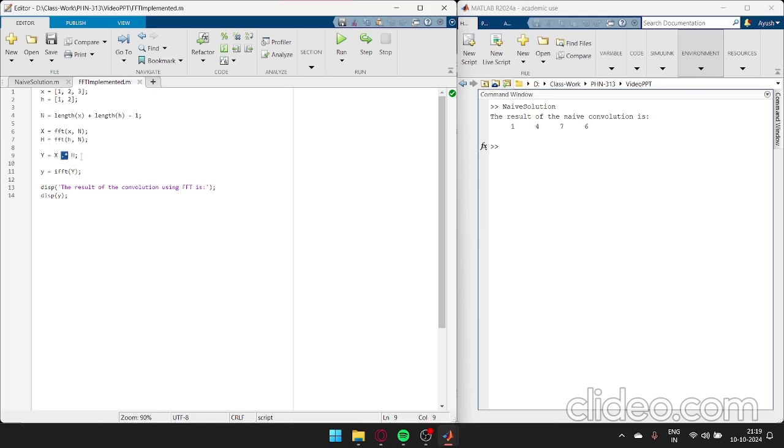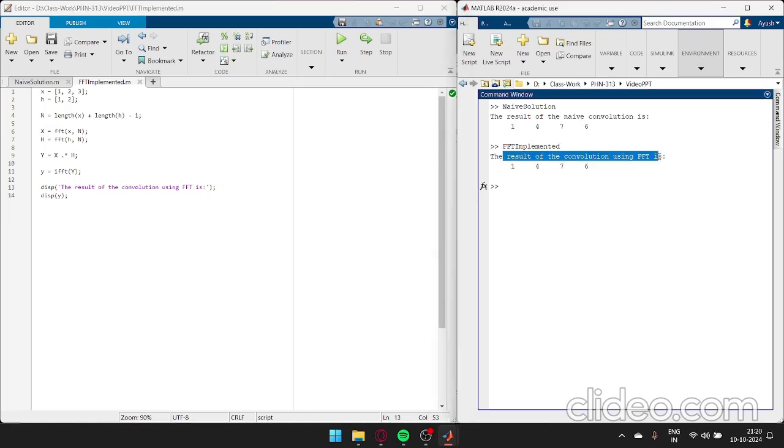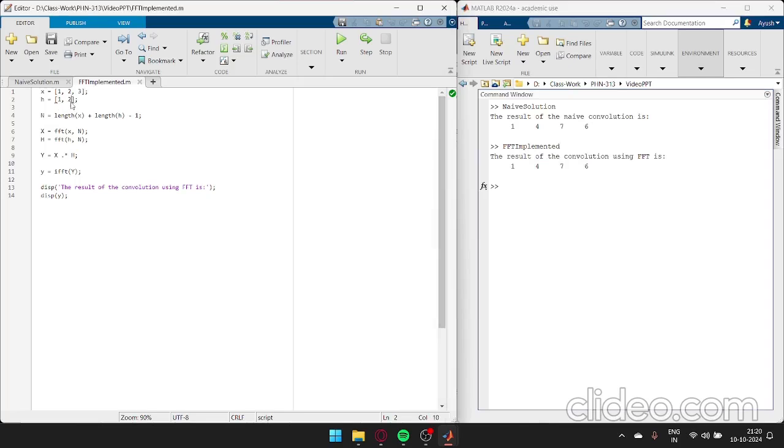That is, we only multiply each index with its corresponding index and not with all of the indices. And we then take the inverse fast Fourier transform of that, and we get the resulting convolution. So if I run this, I get the same result with the fast Fourier transform implementation. It's 1 4 7 6.